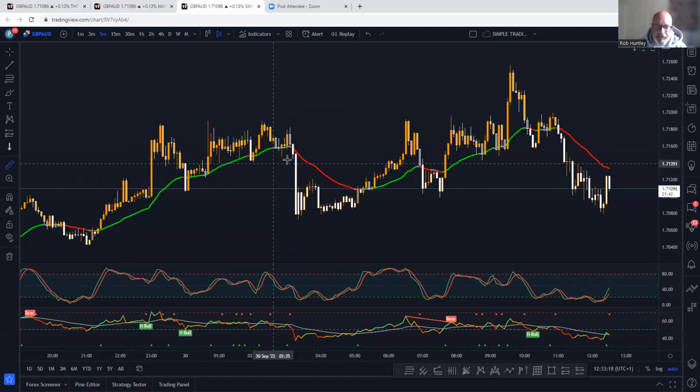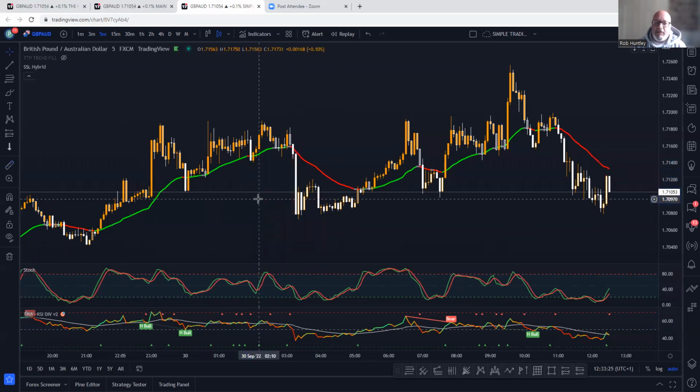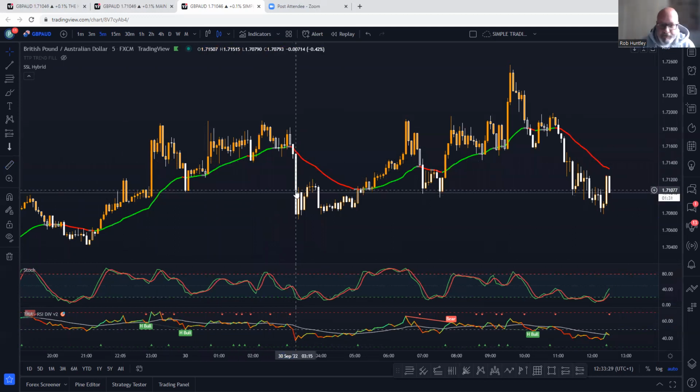How many pips was that? From that point down, that was about 70 pips in that one drop, and this is the 5-minute time frame, don't forget.